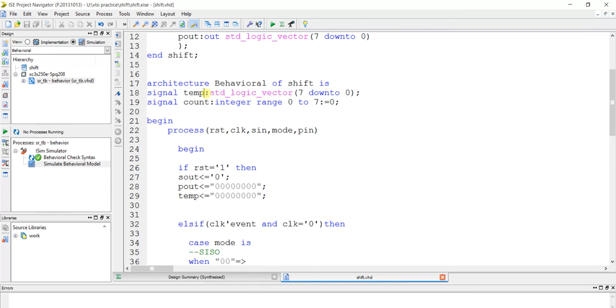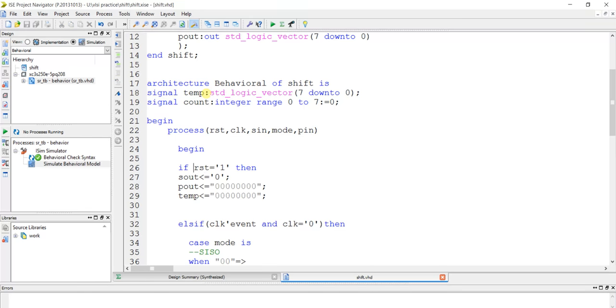To hold my parallel output temporarily, I have created a temp signal, and I'll tell you why I have taken this count signal afterwards in the tutorial. Our process will include a sensitivity list. The inputs which will force your output to change are listed in the sensitivity list. So I am beginning now.